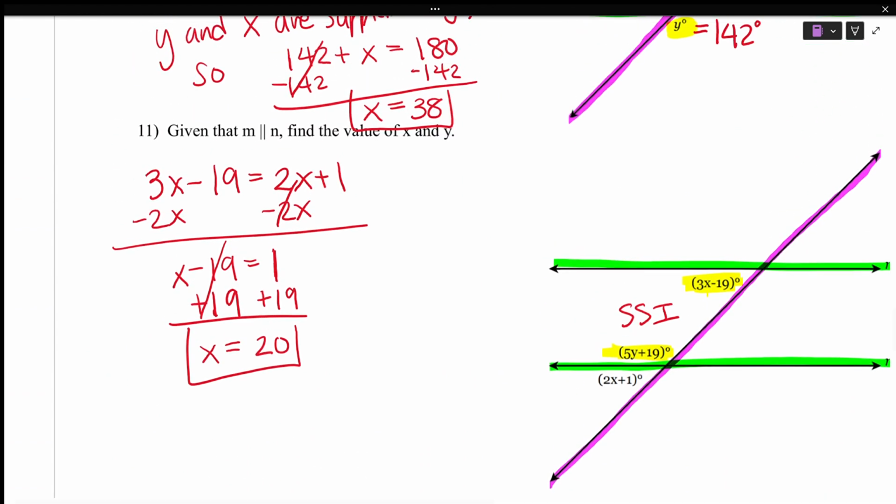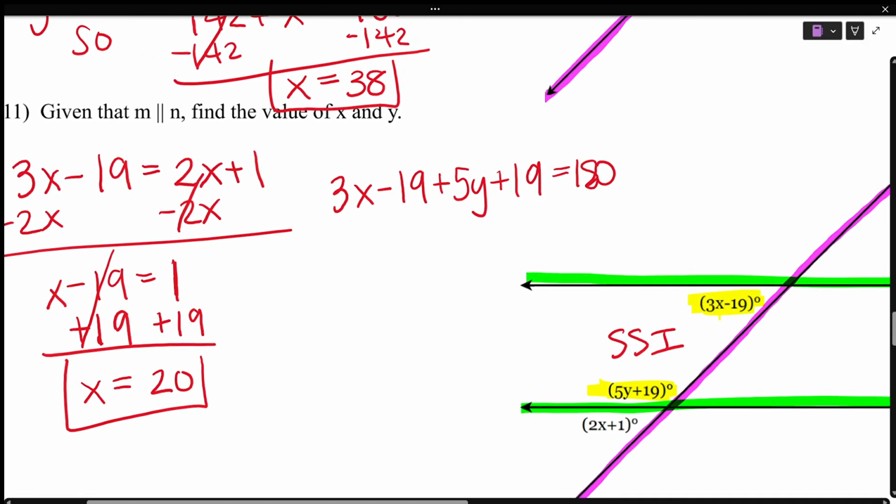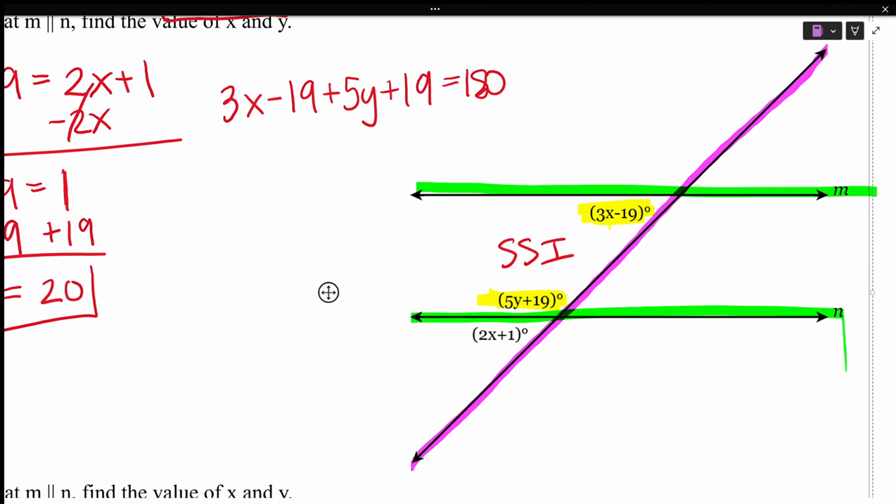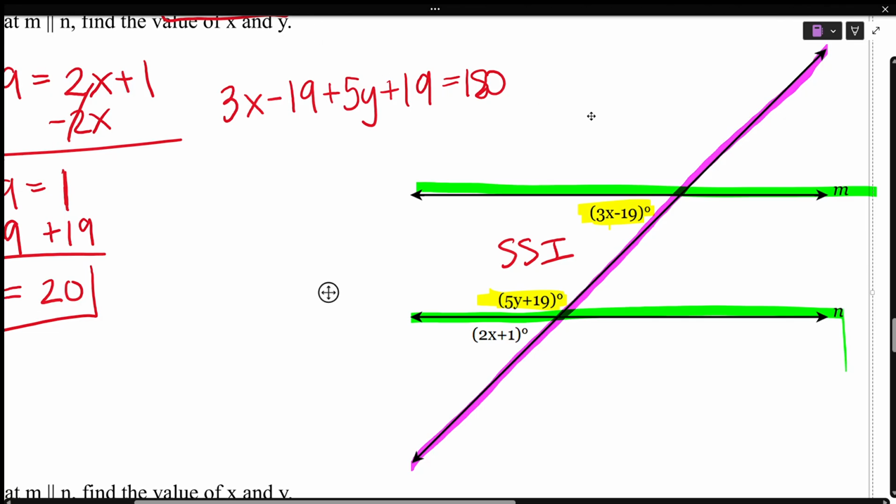So I'm going to say 3x minus 19 plus 5y plus 19 equals 180, right? Combine like terms, the negative 19 and the plus 19 just cancel each other out, right?